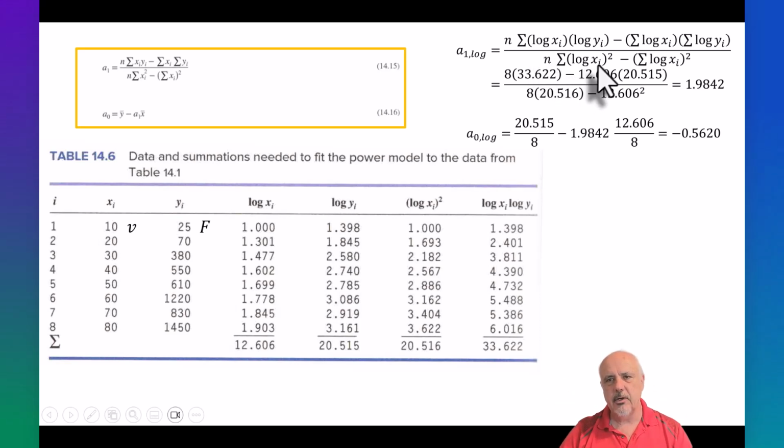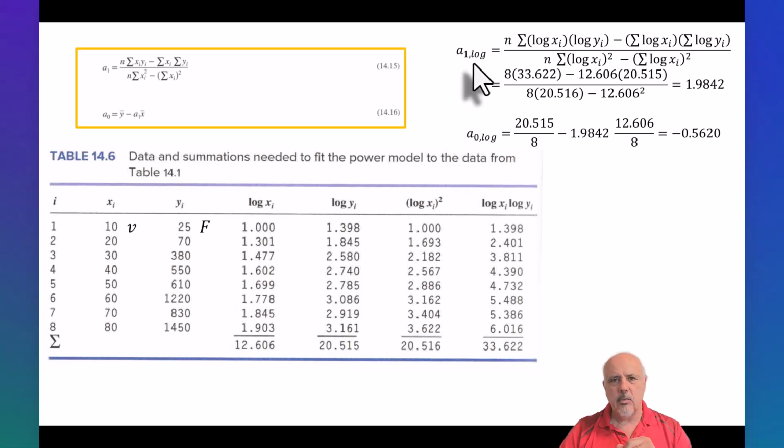I've tried to be very disciplined in how I did this, and we'll see how it works out. And then I have, of course, the a sub naught log here, and let's see how this works out.